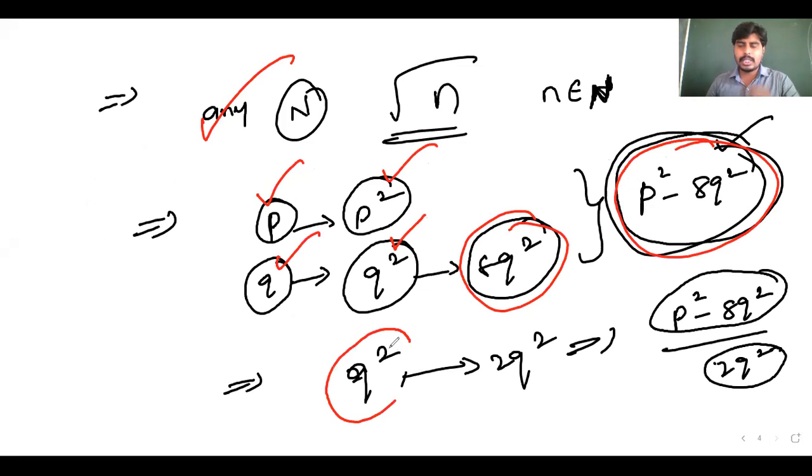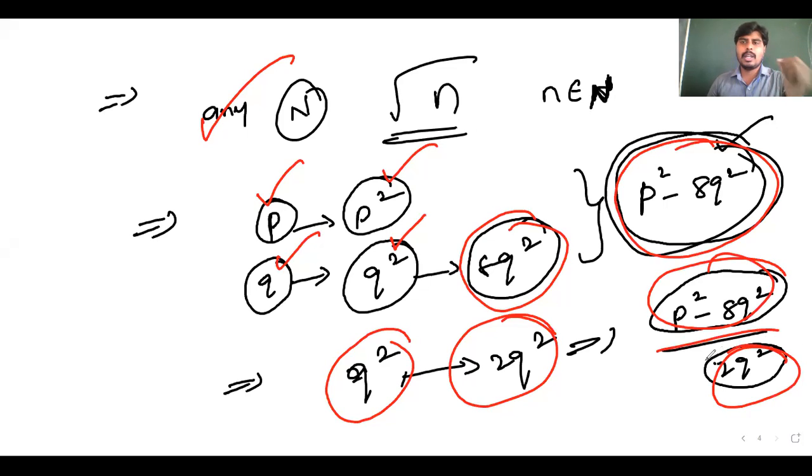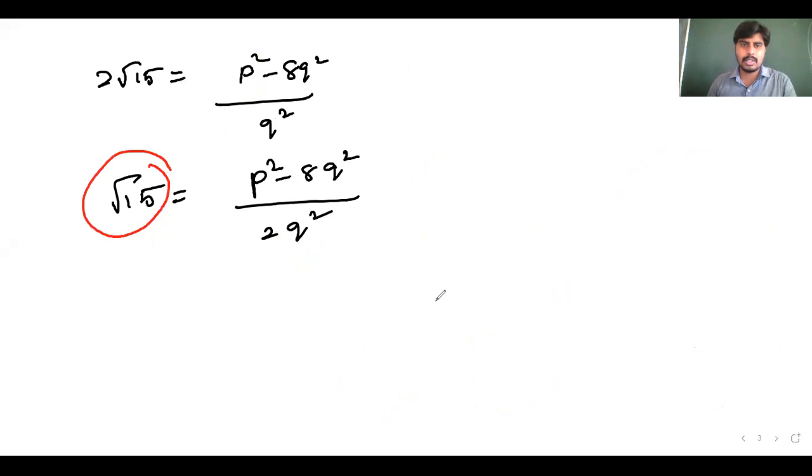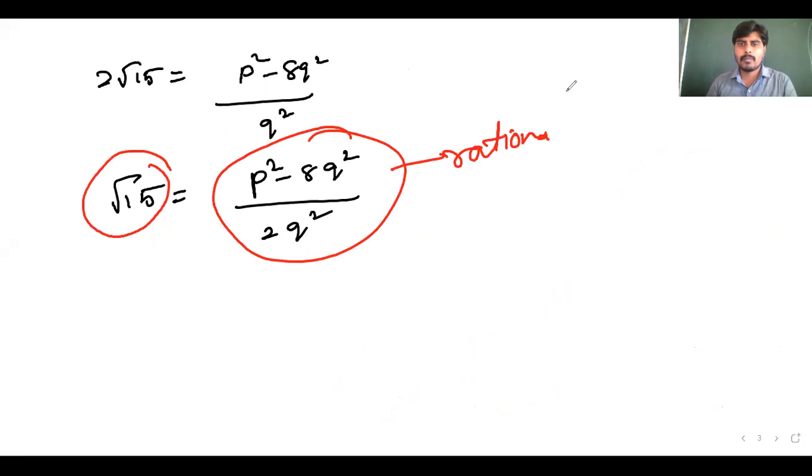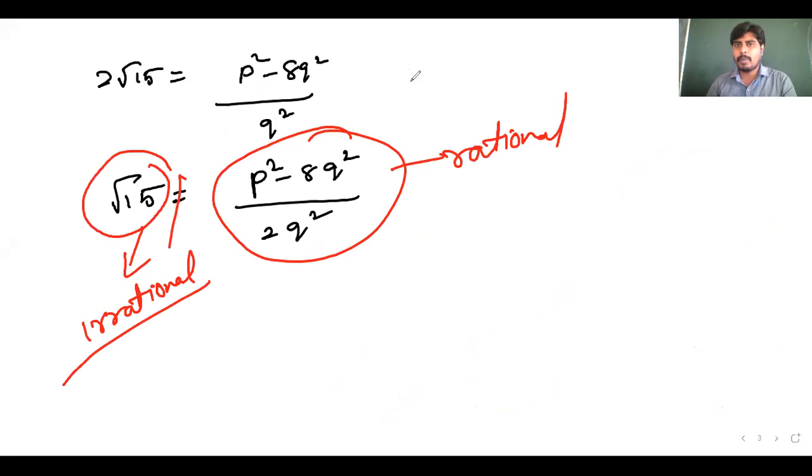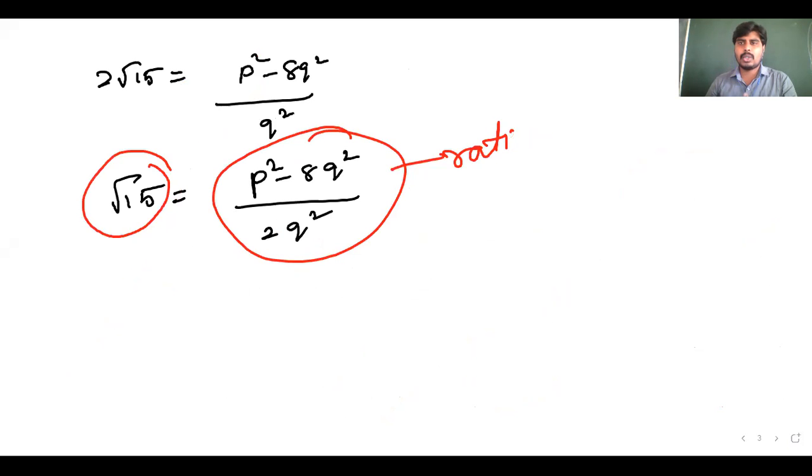And q square is an integer, 2q square is also an integer, and integer by integer is a rational number, so the RHS is rational, LHS is irrational, which are not equal, actually, but here we got equal, isn't it? As we know, an irrational number cannot be equal to a rational number, right?